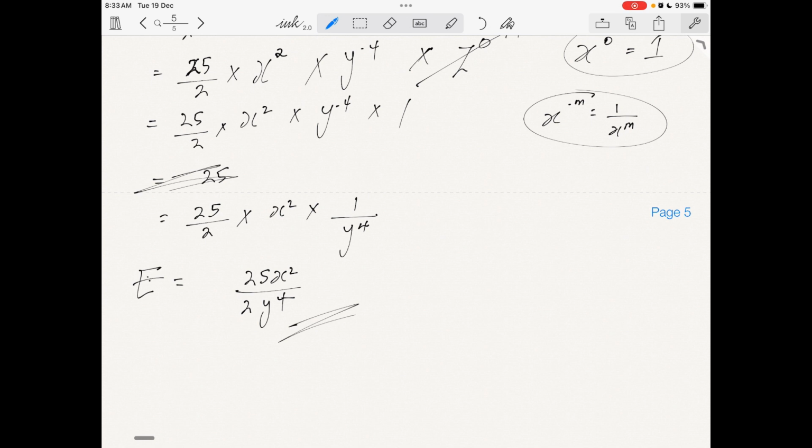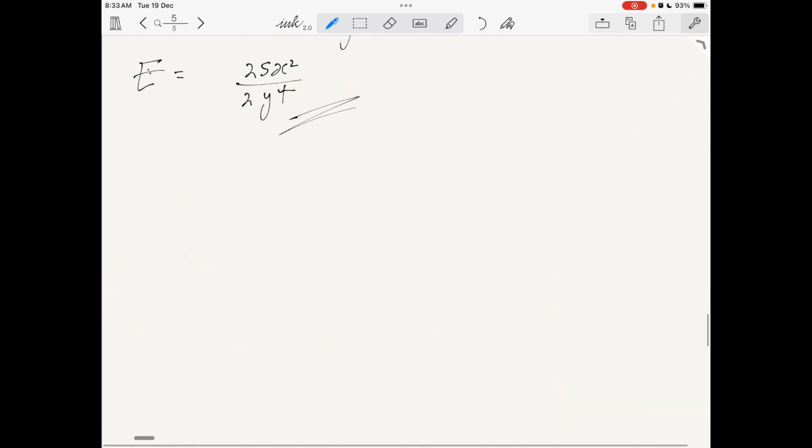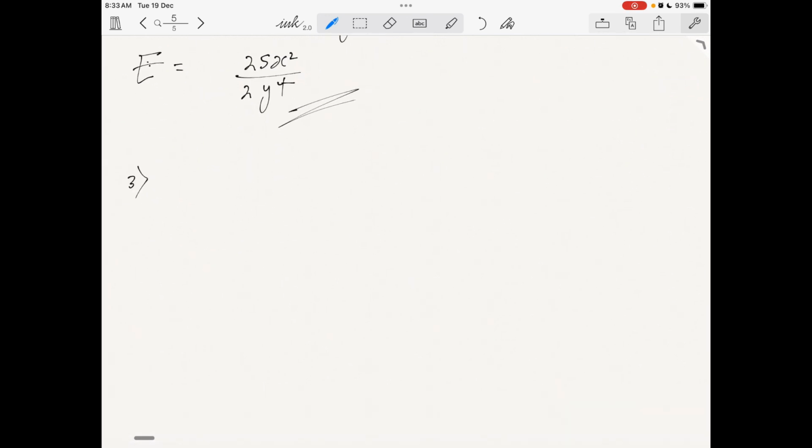And proceeding further, I want us to have a final exercise on this. Number 3, which I will leave for you guys to solve, is quite simple. Don't think it is complicated.